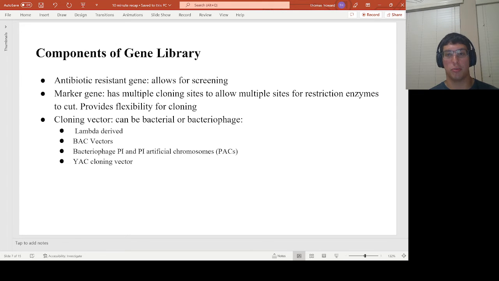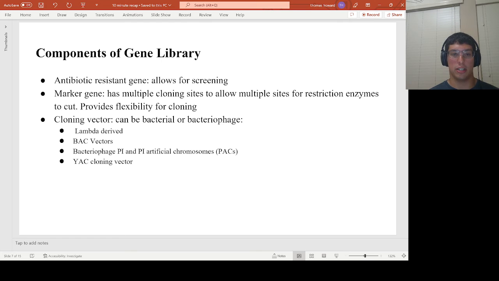We have to be somewhat flexible on the cloning sites, allowing the restriction enzymes to cut into multiple areas so that the sticky regions of the plasmid and our chromosomal DNA fragment will be complementary to each other, and they can be ligated. So the marker gene with multiple cloning sites is extremely important to the construction of the gene library.